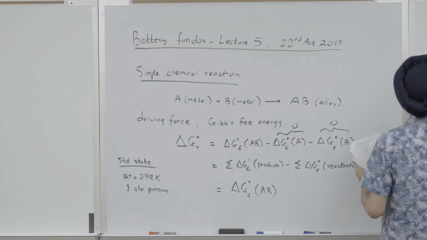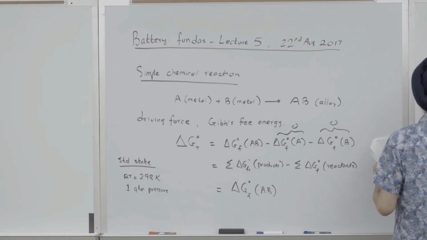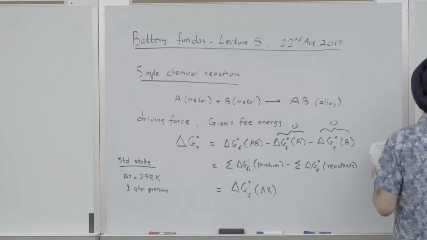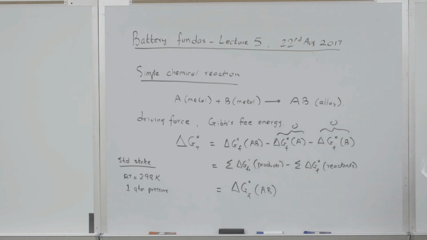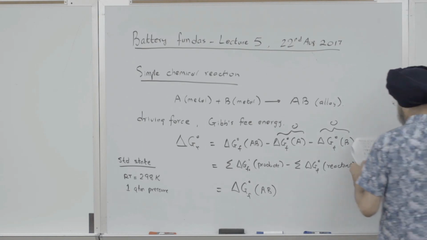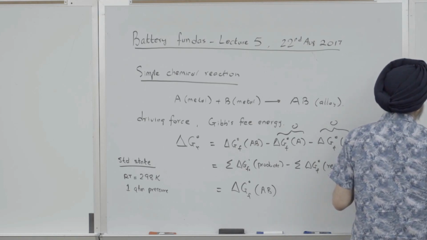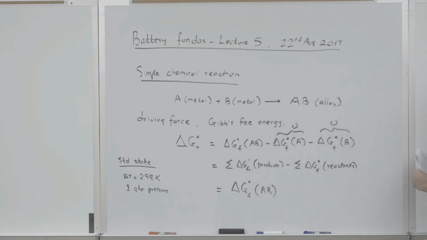With time, we will have an alloy AB forming between them, and then this boundary will move, and ultimately the whole thing will be AB. So this is just a chemical reaction.